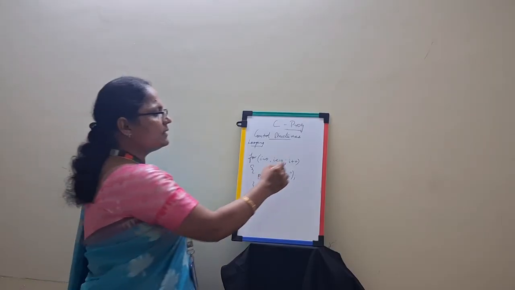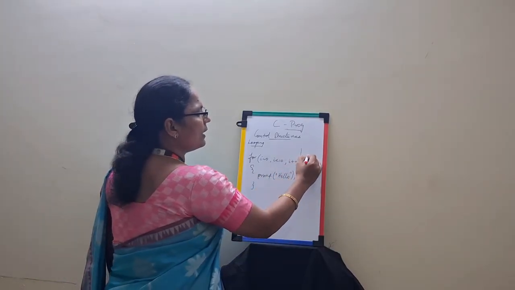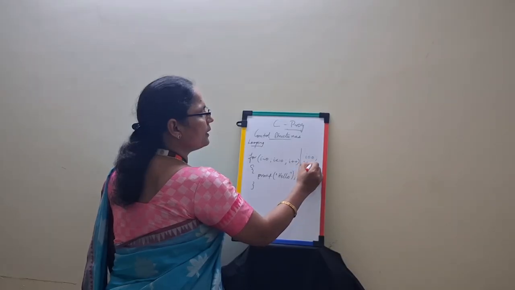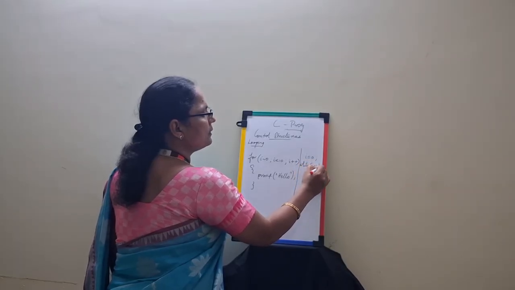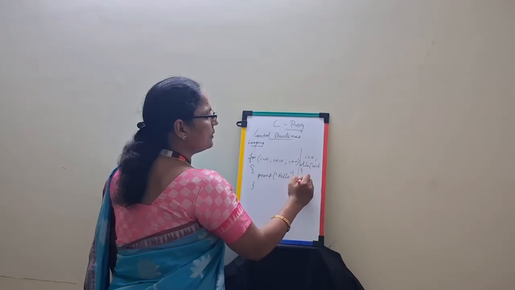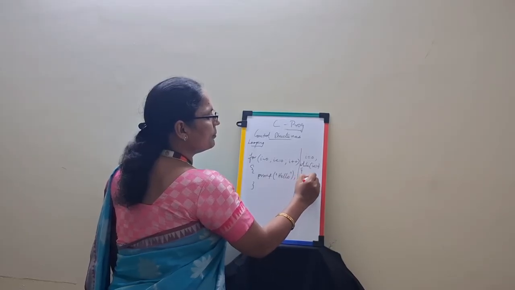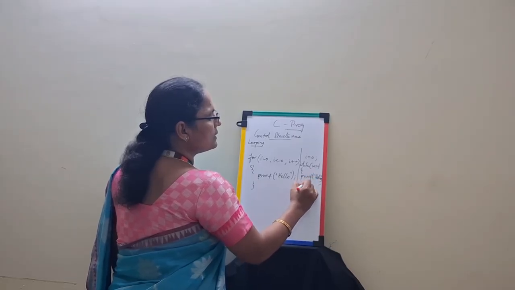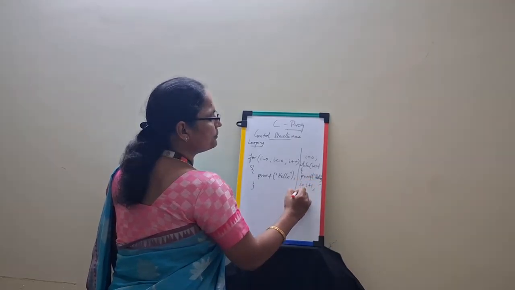Right? So previously what we wrote in while: i equal to 0, while i less than 10, printf hello, i equal to i plus 1.